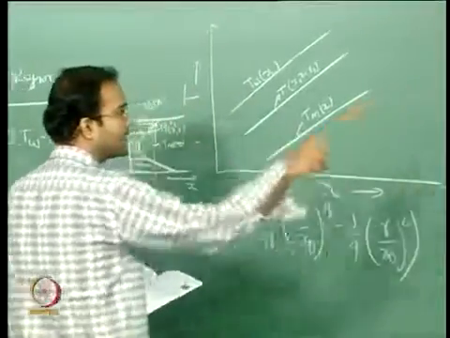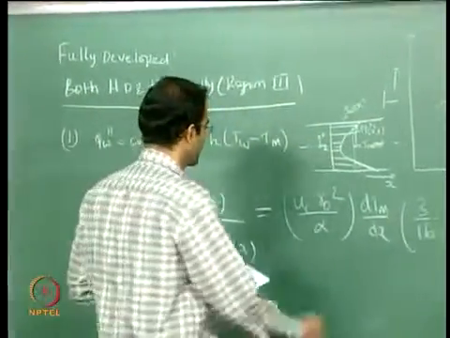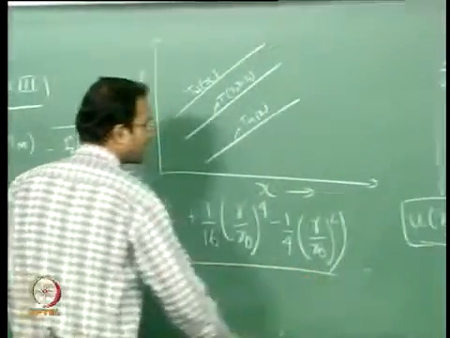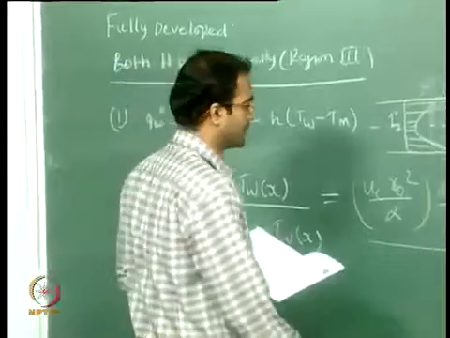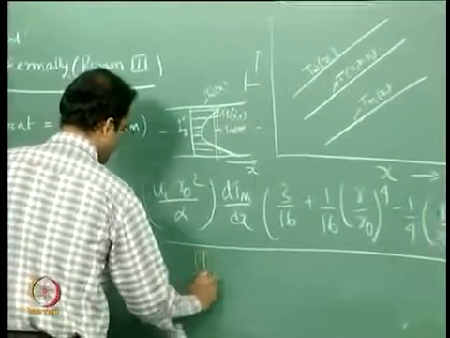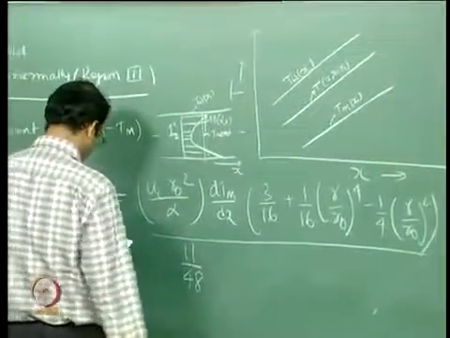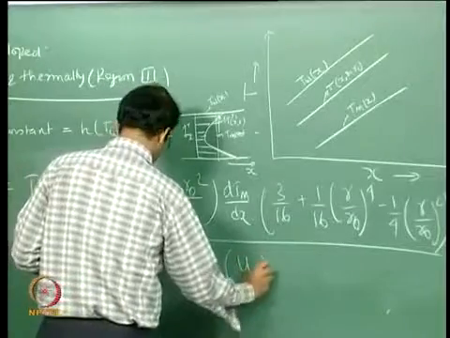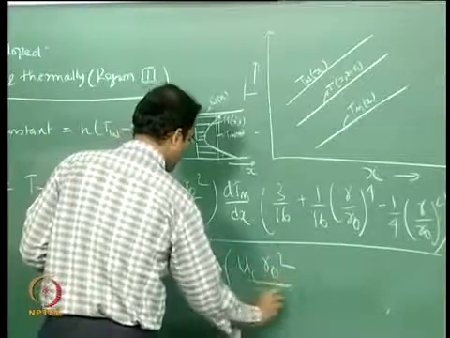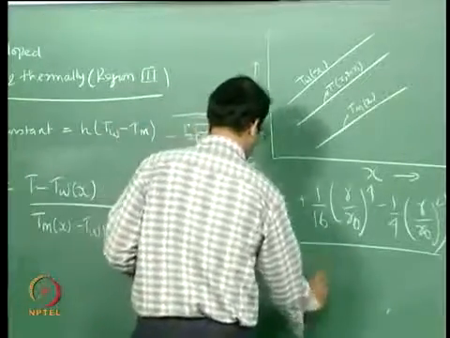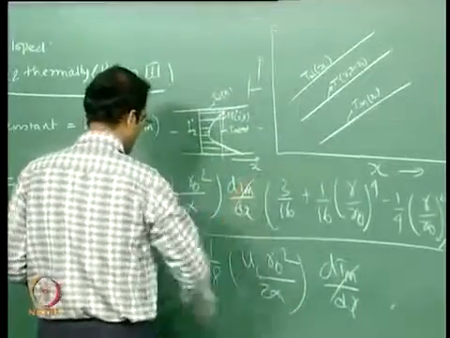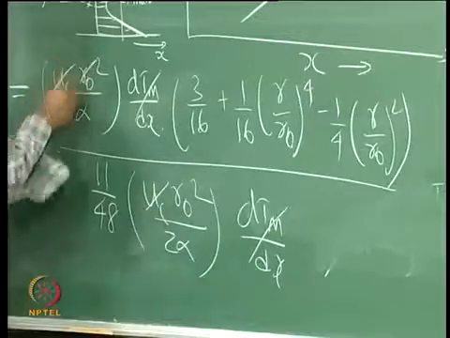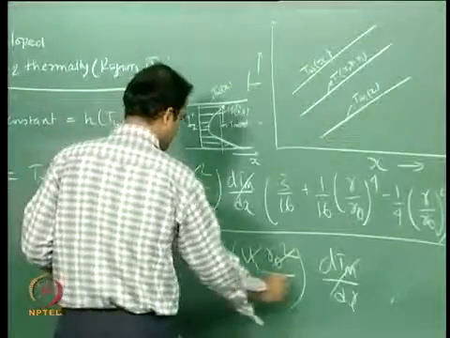So that is basically T minus Tw. There is a minus sign, but in the numerator and denominator the minus sign cancels out. Similarly Tm minus T wall will be minus of that, I cancel the minus sign. This will be 11 by 48 into UC r naught square by 2 alpha into dTm by dx. So dTm by dx cancels, UC r naught square cancels, alpha cancels out.